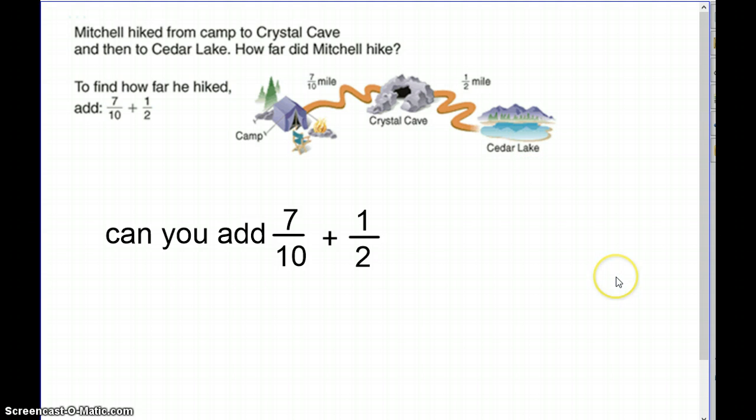So we want to know, how far did Mitchell hike? How many miles? Did he hike a mile? Did he hike more than a mile? And so we know that we have to add these two distances together in order to find the total distance, right? But the tricky thing is we have tenths and we have halves. So I'm going to teach you today how to solve a problem like this, and then at the end we'll come back and we will figure it out together, okay?